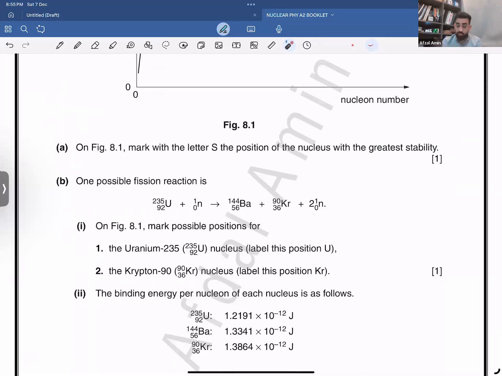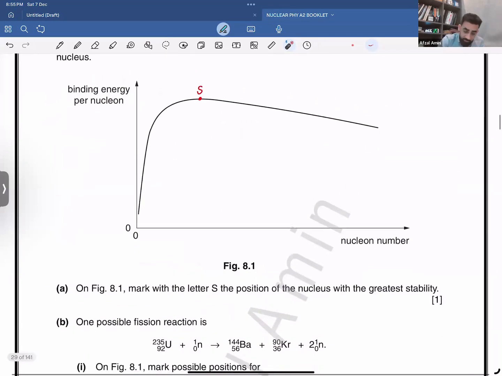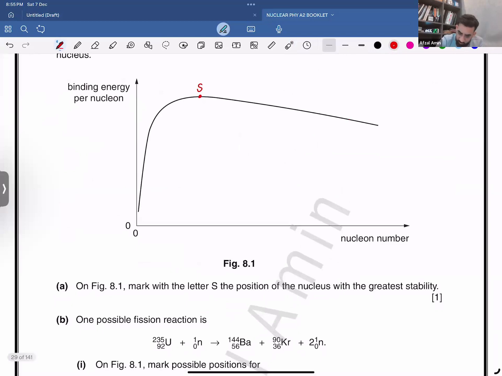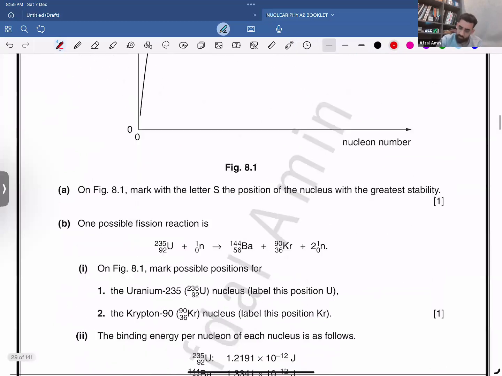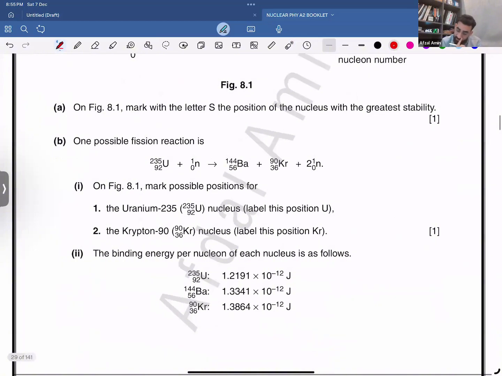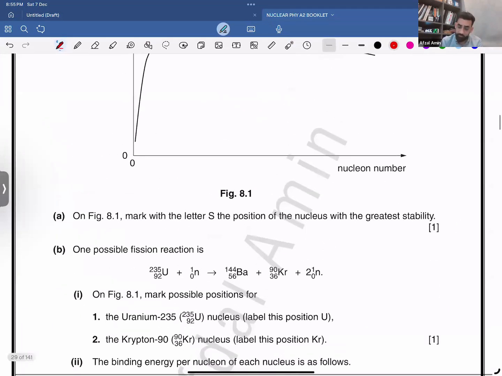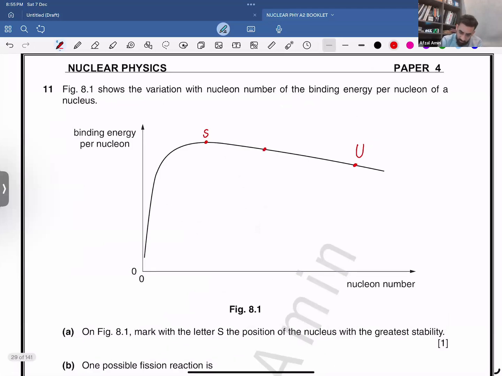Yes? So 235 uranium is at the end. Can we label somewhere here? U. And 90 for Kr. They need Kr and uranium. So 90 will be somewhere here. Yes, students? Make sense or no? Yeah, it'll be between them.